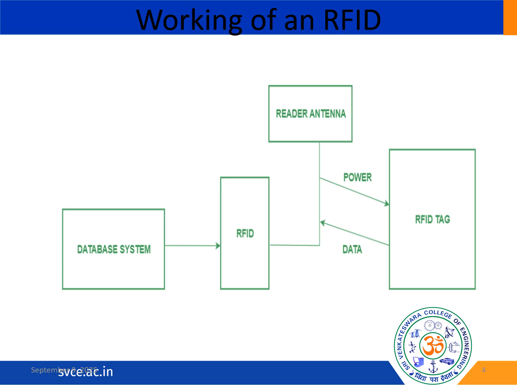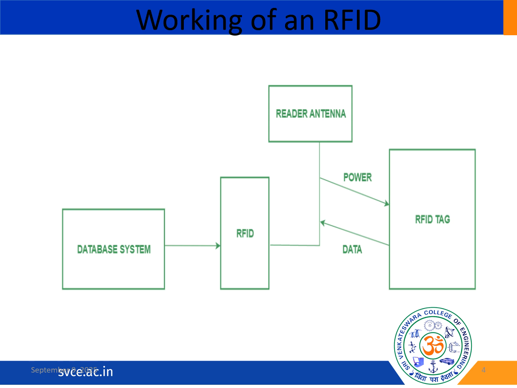The RFID reader collects this data and passes it on. The database system verifies and uses the data for applications like inventory tracking, access control, supply chain, and other management techniques.